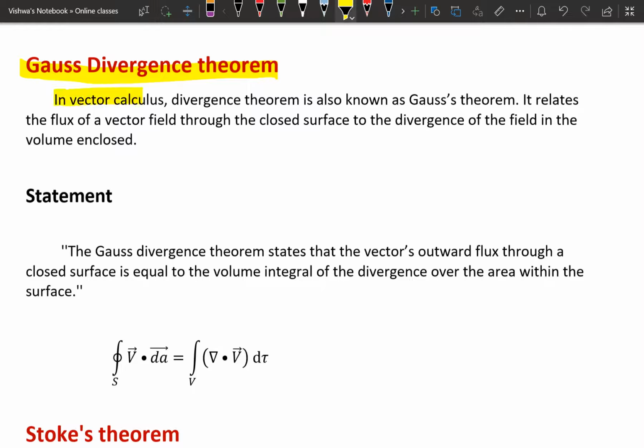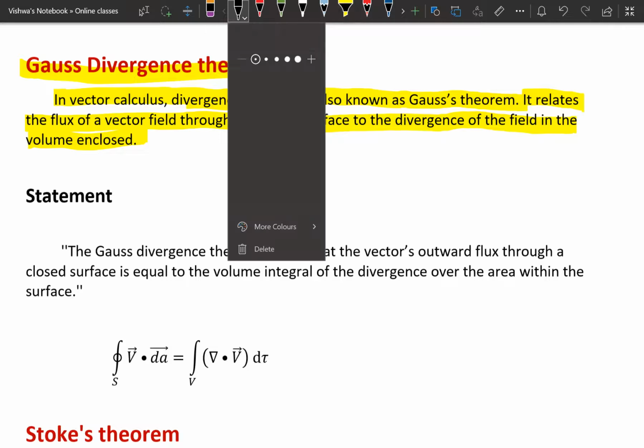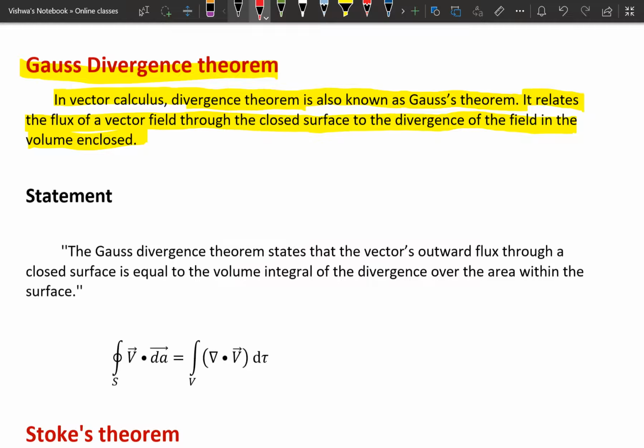In vector calculus, the divergence theorem is also known as Gauss theorem. The Gauss divergence theorem is also called the divergence theorem. It relates the flux of a vector field through a closed surface to the divergence of the field in the volume enclosed. There are two important terms. It relates the flux of a vector field through a closed surface.